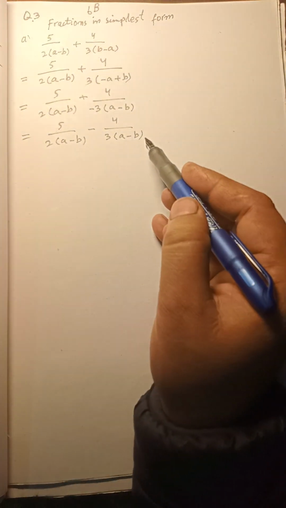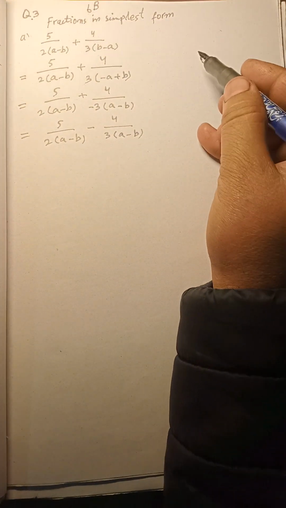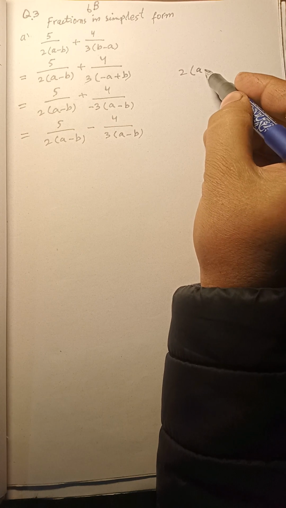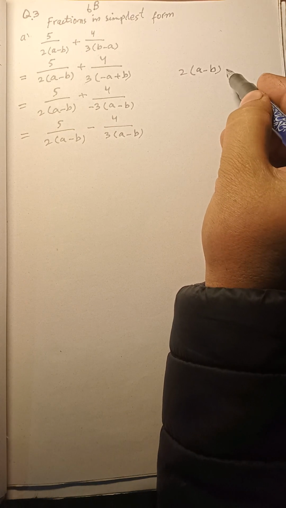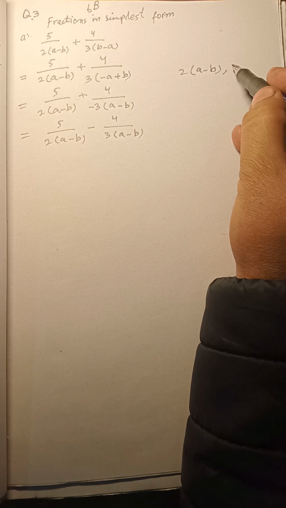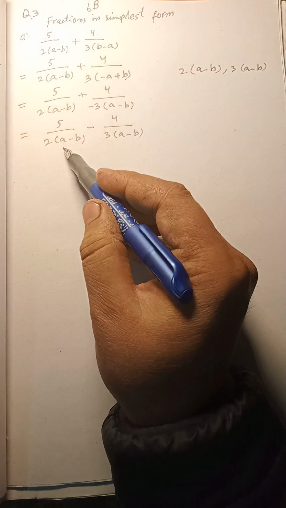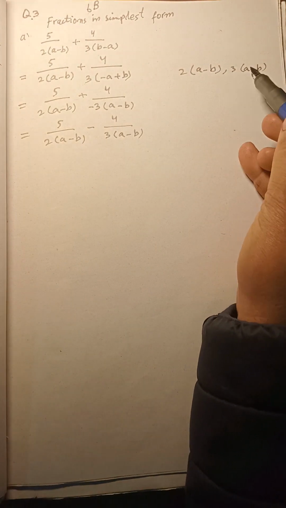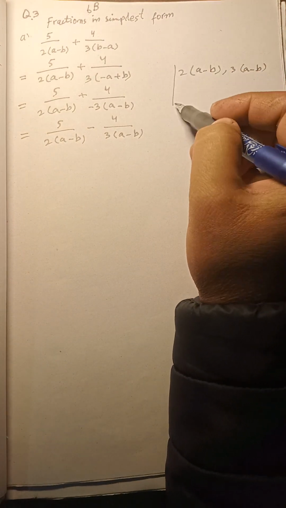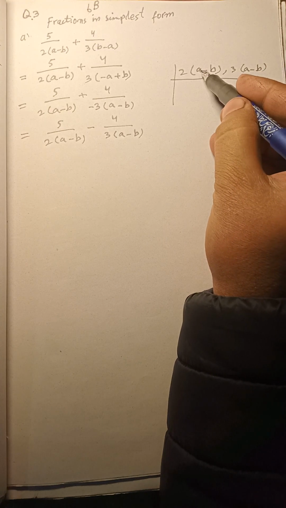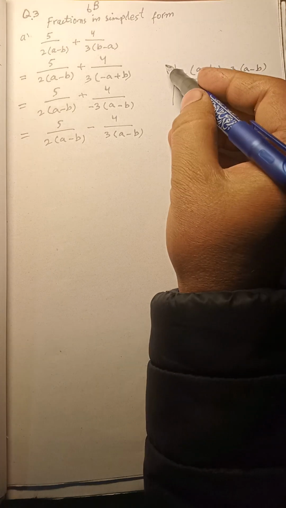We can take its LCM, and you know the simple method of taking LCM as we take in our lower levels. 2 into (a minus b), 3 into (a minus b). I have written these denominators here, separated by a comma. Now you see that we can divide these by a minus b.